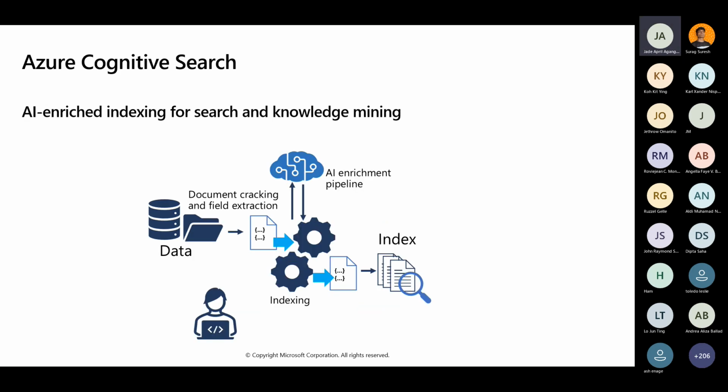Now, under Azure Cognitive Service, it is an AI image indexing for search and knowledge mining. For example, I believe we have experienced this when you do Bing search or Google search, the software or the browser tries to understand what your usual searches are, right?